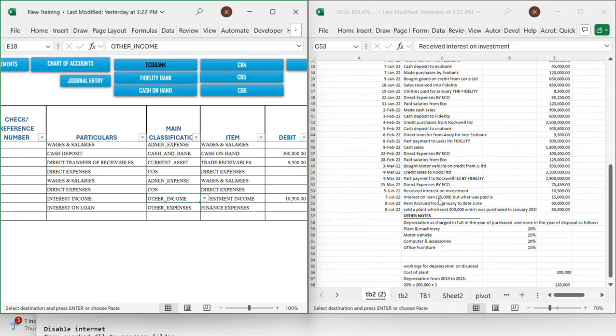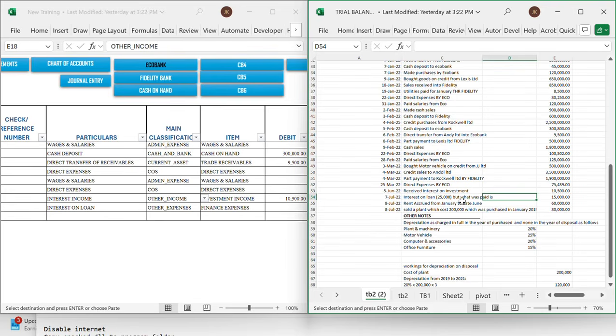Now there was a loan as well, and this loan attracted an interest of 25,000, but only 15,000 was paid. Okay, so in this case, only 15,000 was paid using the bank account, which is the EcoBank. So we are going to credit EcoBank with 15,000 and debit our finance expense or interest expense, right?